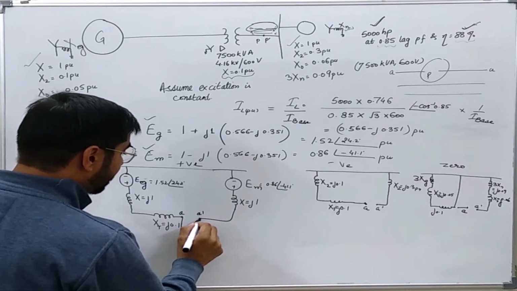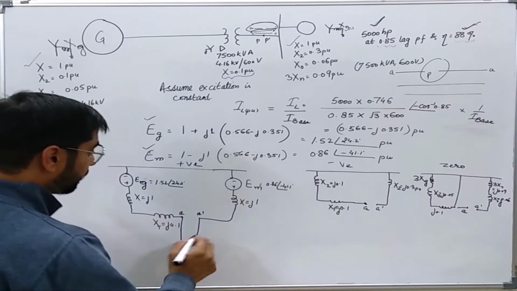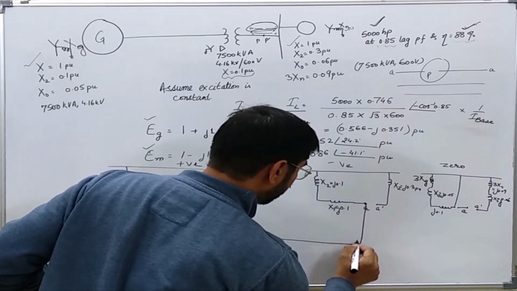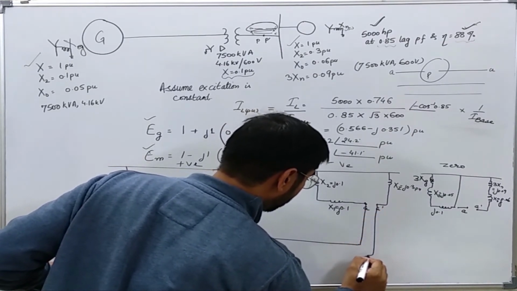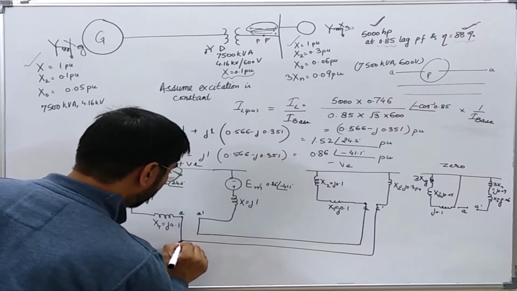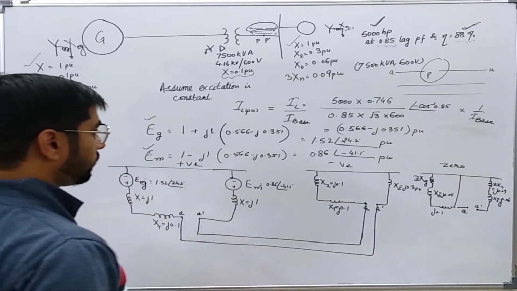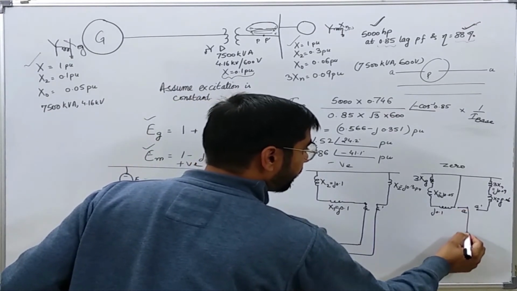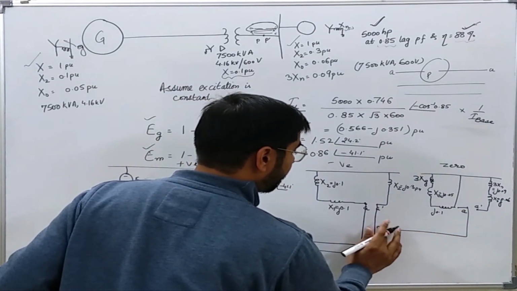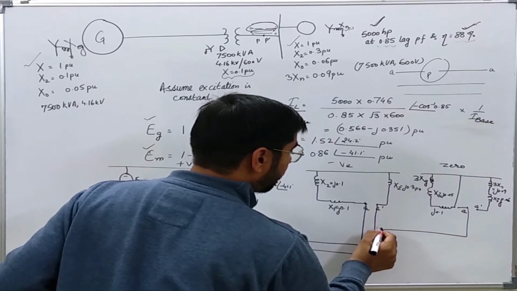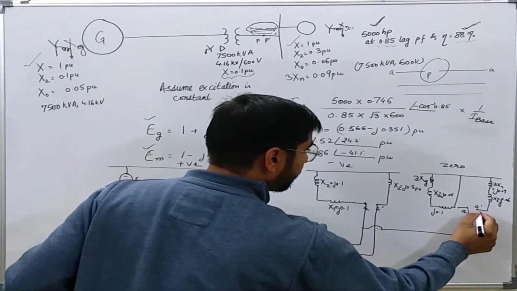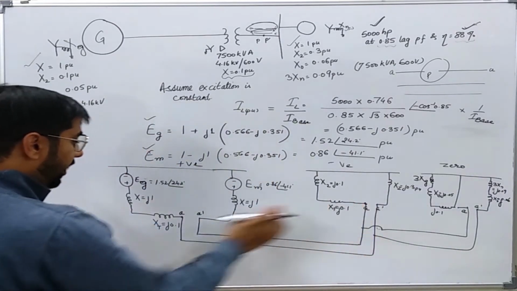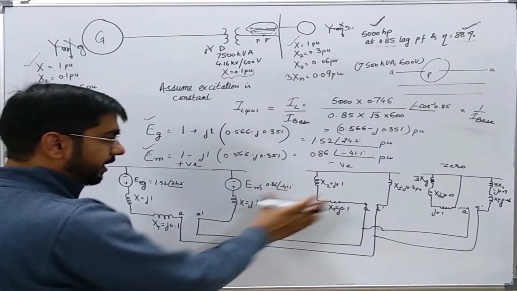So these are the sequence networks. Okay, this is also connected. It doesn't matter whether you connect A to A dash or A dash to A for these two.